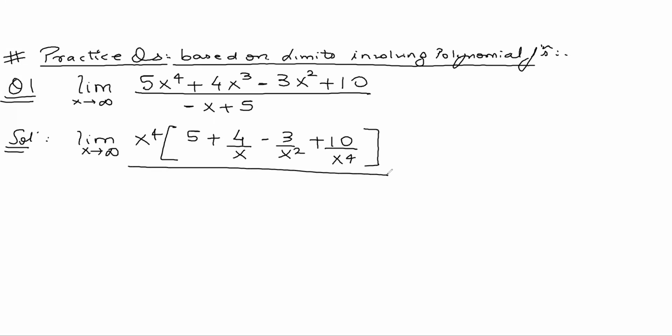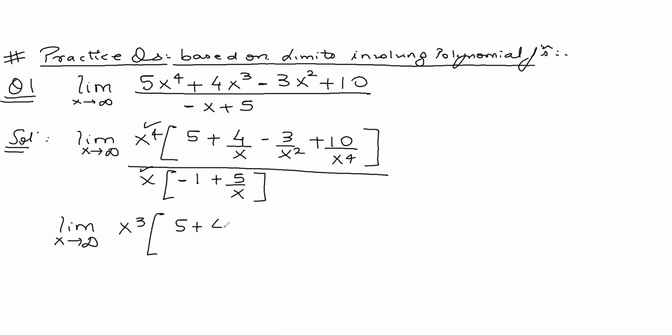In the denominator, what's the highest power? x to the power 1. So take that common. Okay. So what do we get inside? We get minus 1 plus 5 by x. So this I can write as limit as x tends to infinity, x^4 by x is x cube into the remaining.